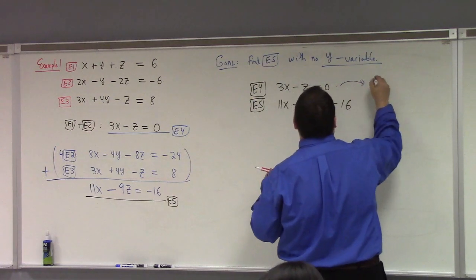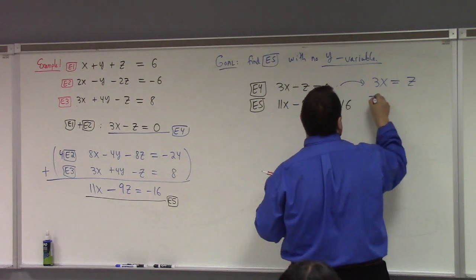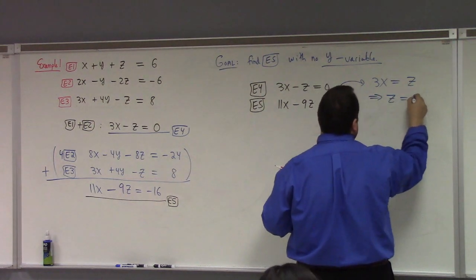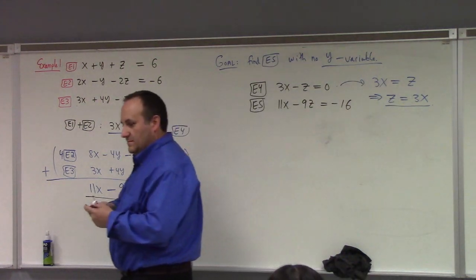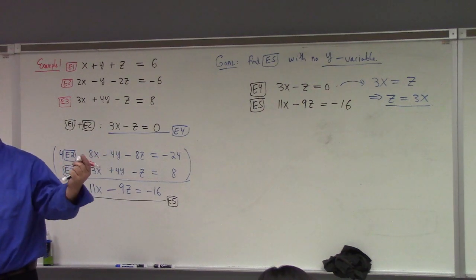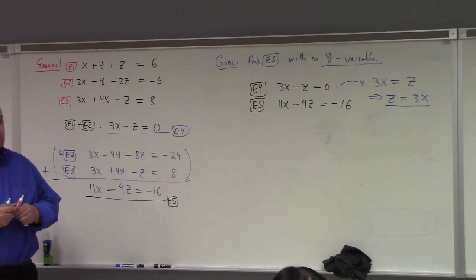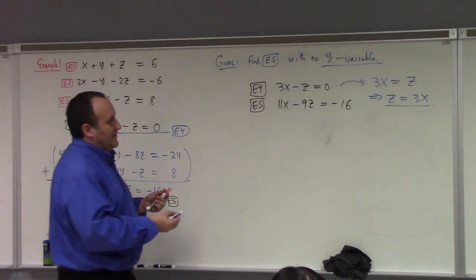So this gives us 3x equals z, which tells me that z is equal to 3x because I can switch the sides, right? Left can become right, right can become left, I can flip equations. This is allowed, right? So z equals 3x. Then what?